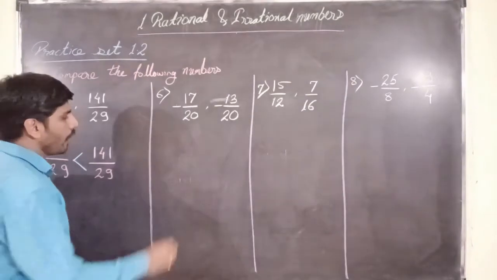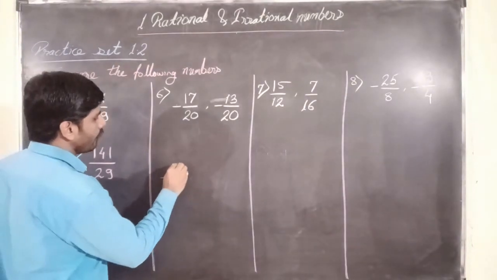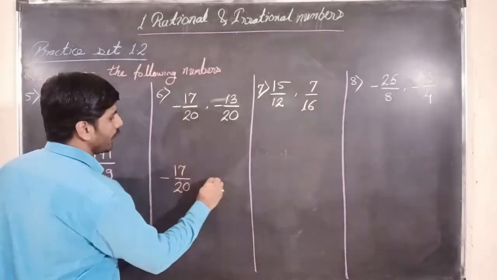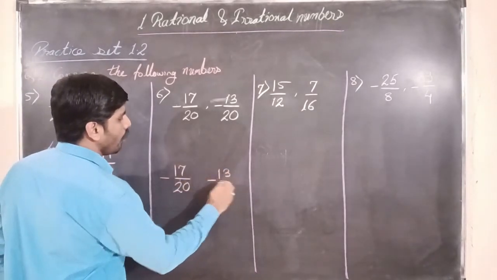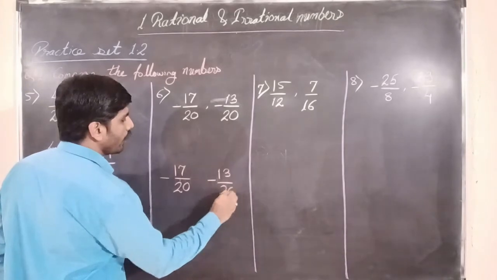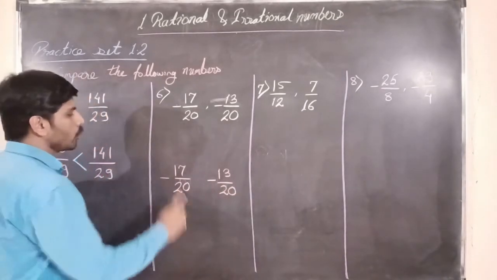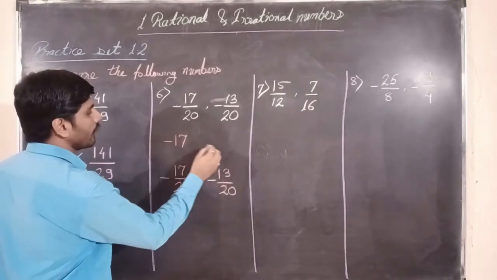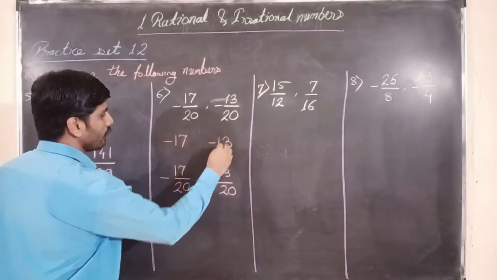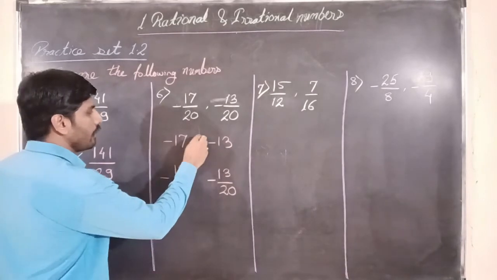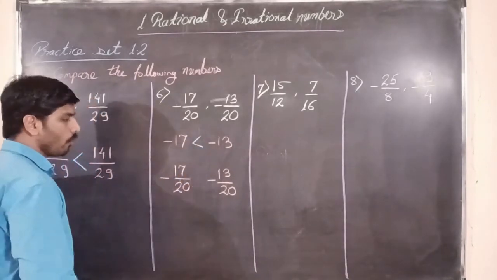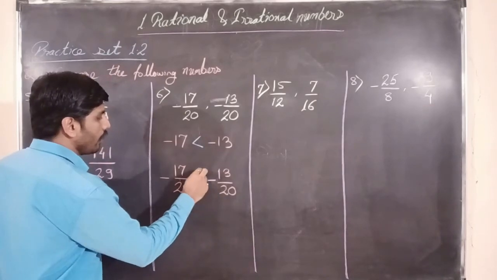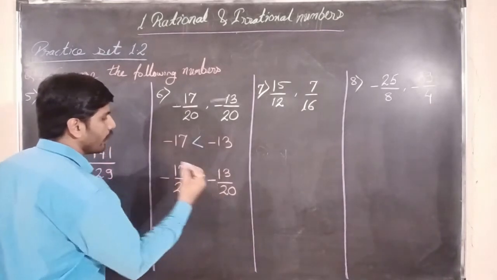Next example, we have two numbers, negative 17 upon 20 and negative 13 upon 20. Here again denominators are the same, so we can compare numerators. We know that negative 17 is less than negative 13. So obviously negative 13 upon 20 will be greater than negative 17 upon 20.